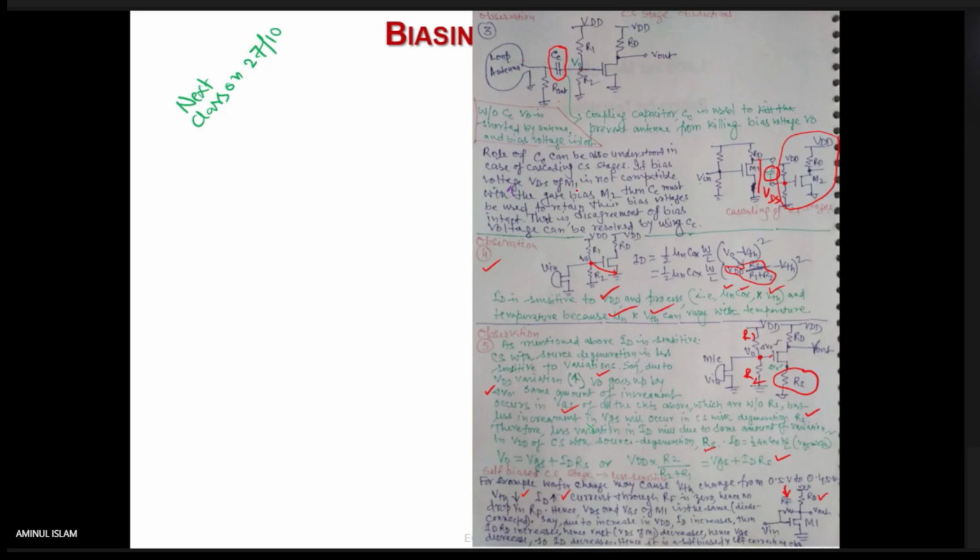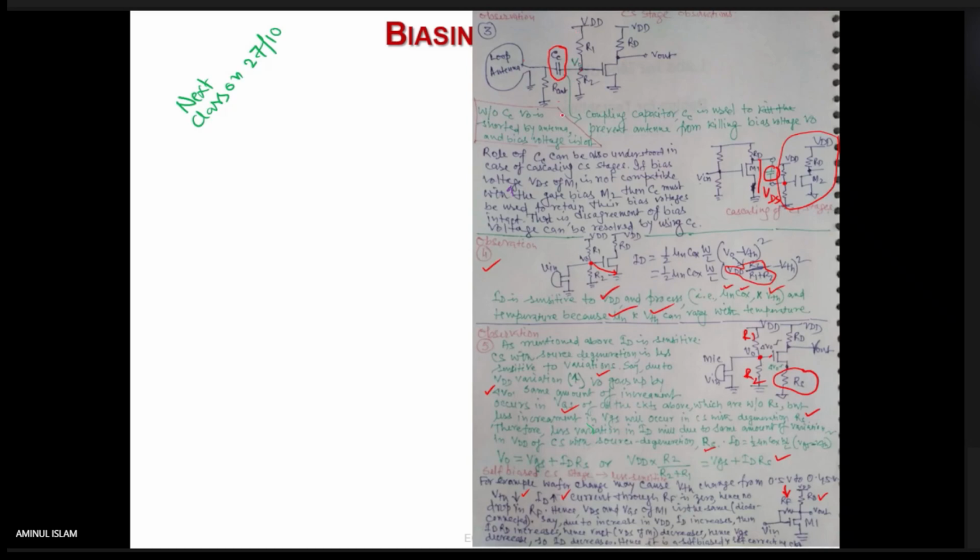Now, another role may be there of a capacitive coupling or coupling capacitor. If you cascade more than one stage of CS amplifier, for example, the gain of one stage is not sufficient.